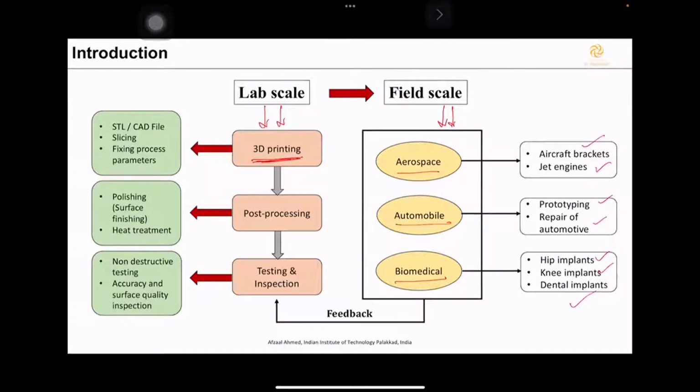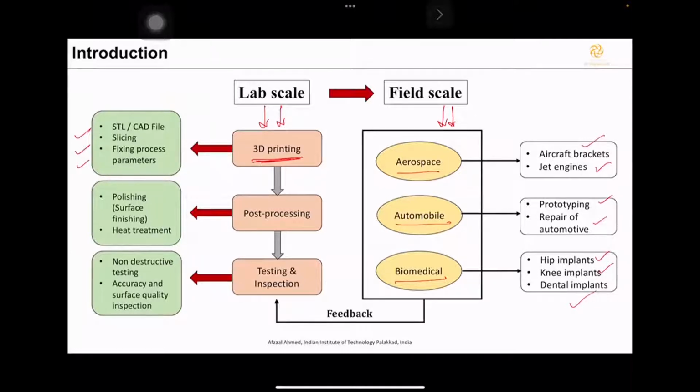We are doing printing at lab scale or prototype level, by investigating various aspects like the topography, the CAD modeling, the slicing patterns, and various process parameters. So we are understanding the behavior of the prototype with respect to all these parameters.